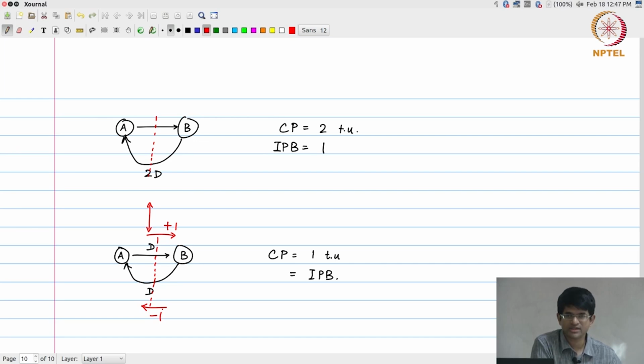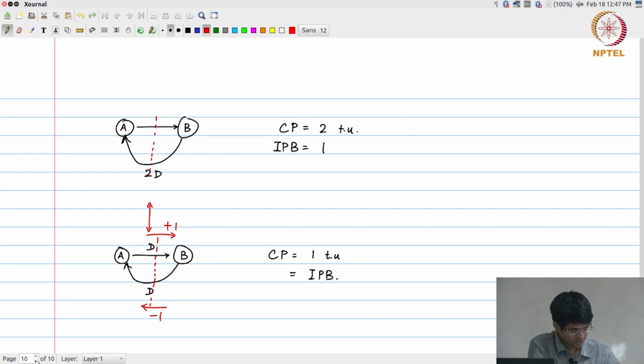So, how is this useful? Very simple. Right now the critical path has reduced from 2 to 1. If this circuit was part of a larger system, there also it is quite possible that moving this register into a different location could have given me an improvement in my critical path, okay.